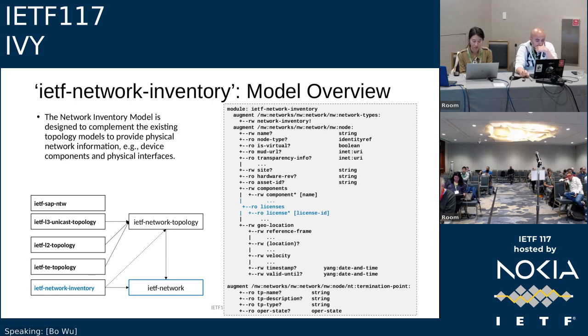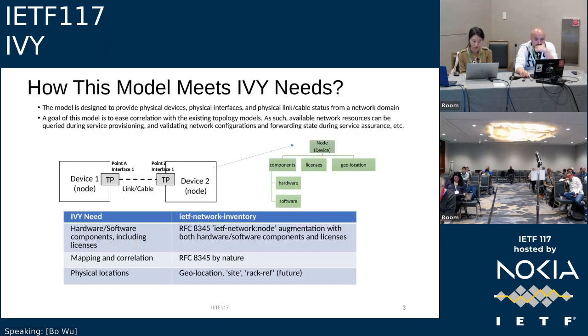Next slide, please. By this design, let us examine whether this model can meet the need of the IVY. The picture above is a simplified model for easy comparison, which consists of nodes, termination points, and links.